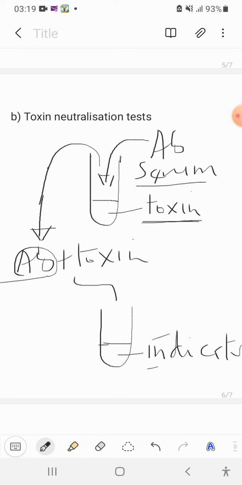So once you add the mixture here, if the indicator shows the presence of toxin, then you are sure the serum did not have the antitoxin, the antibody against toxin, so it was not neutralized. But if the indicator does not show the presence of the toxin, then the serum contains the antibody which neutralizes the toxin, and therefore the effect is not seen.